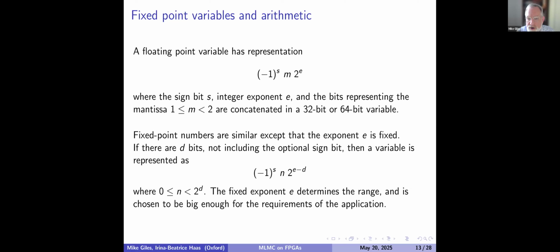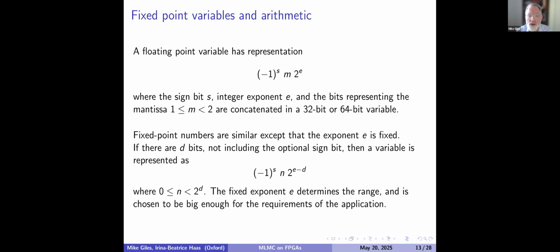They're part of how you represent a floating point number. In fixed point numbers, we have a fixed exponent. Okay, so if we have d bits being used to represent a variable, not including the sign bit, then that variable is represented in this form: -1 to the s, n times 2 to the e minus d. So n here is an integer, going from 0 up to 2 to the d minus 1.